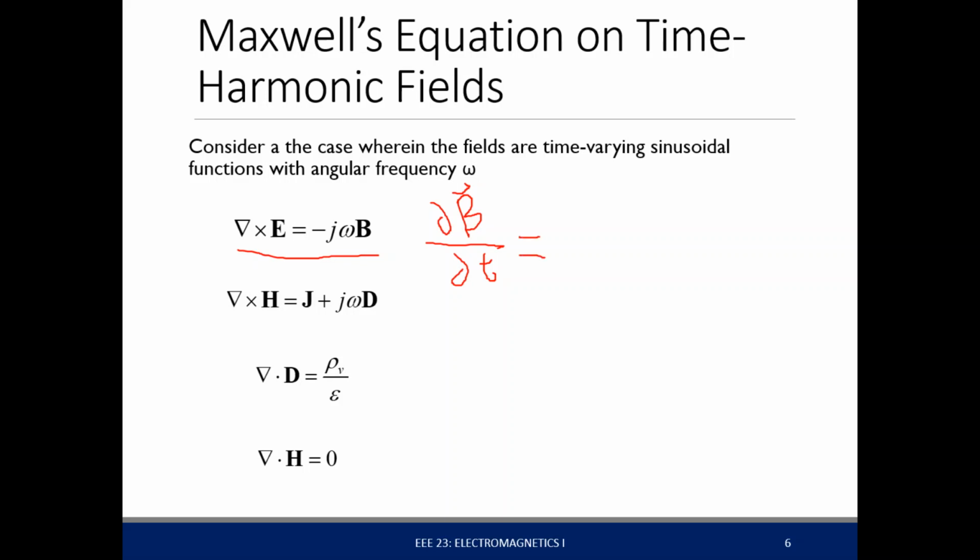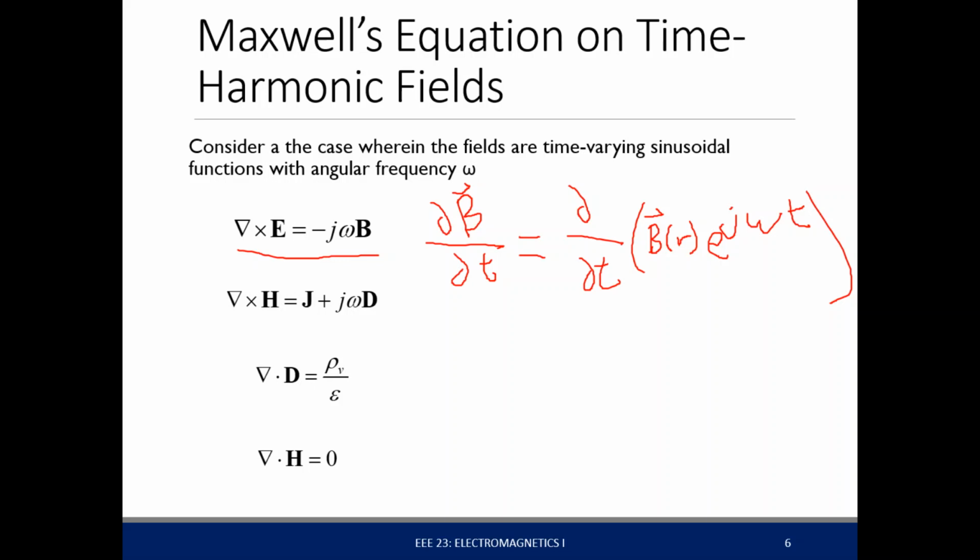The derivative of B, since we assume that B is sinusoidal, then this function, this magnetic flux density function, is some B as a function of space, let's say R, okay, times e to the j omega t.